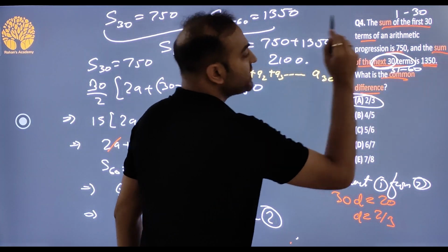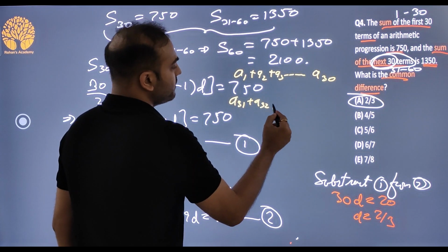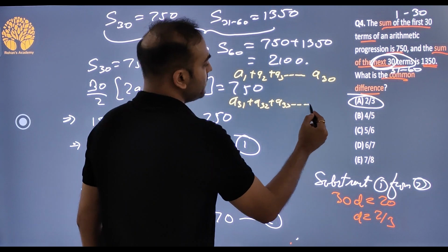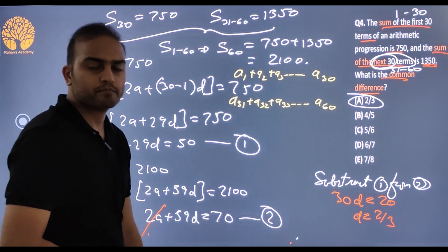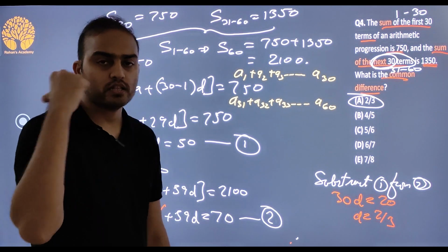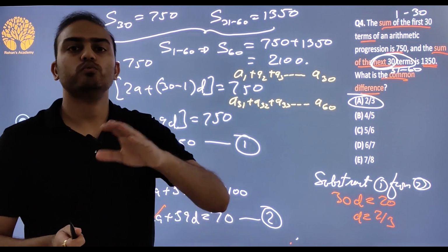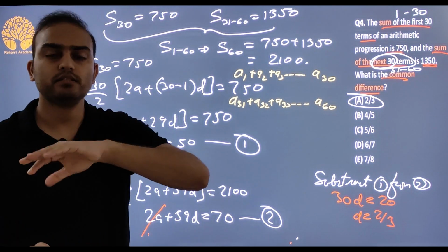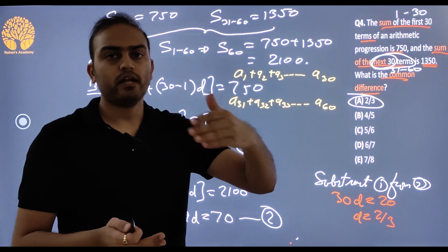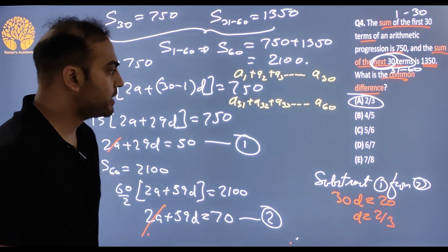What is the sum of the next 30 numbers? That is A31, A32, A33 till A60. And we know each number is D more than the previous one. A1, A2 is A1 plus D, A3 is plus 2D. So each term is D more than the previous one, correct?